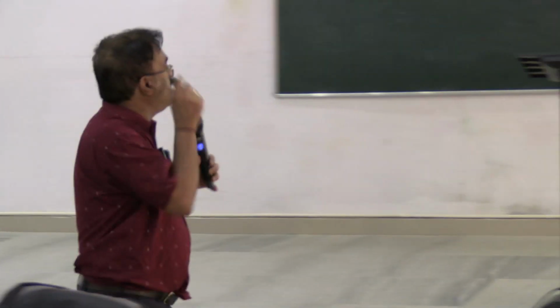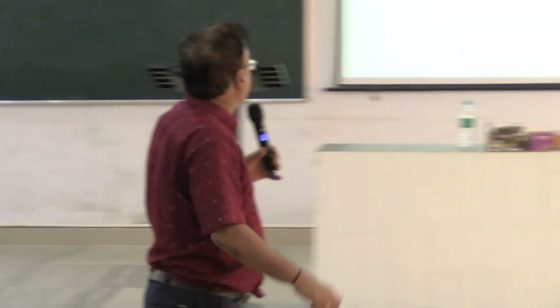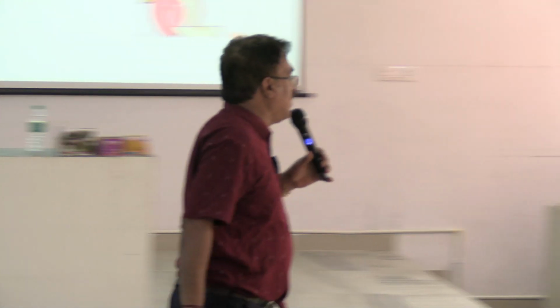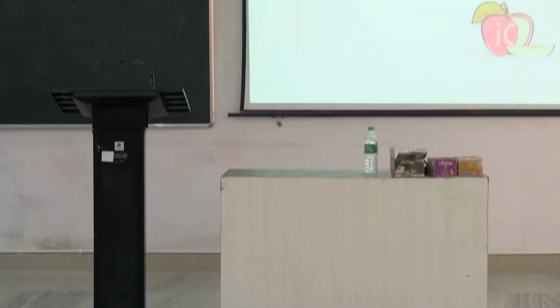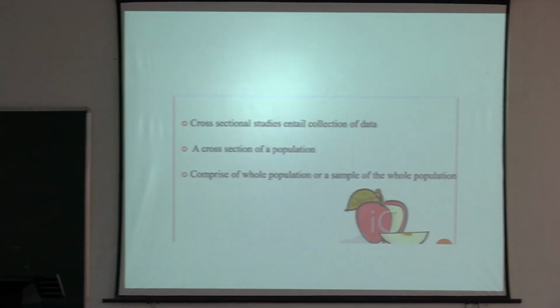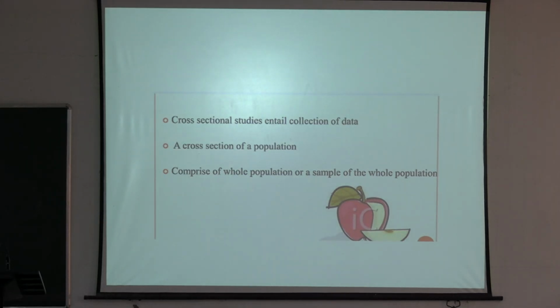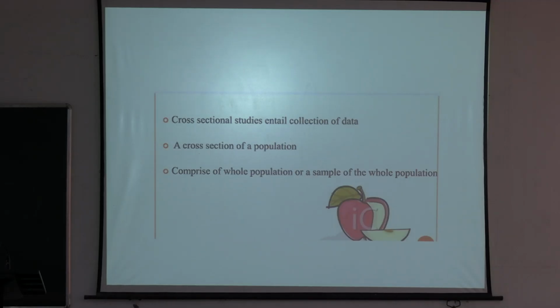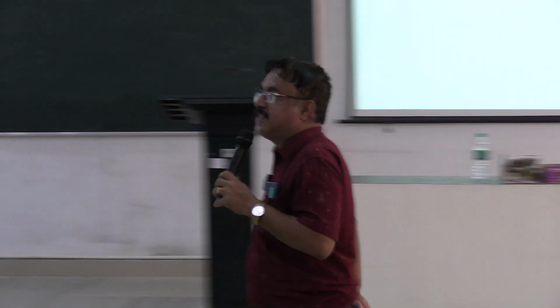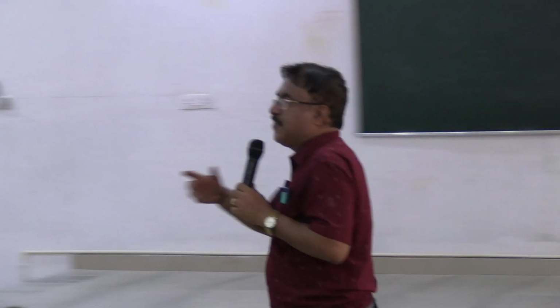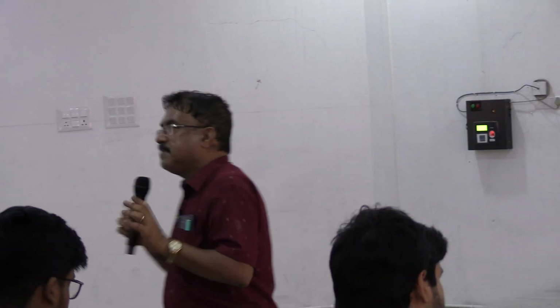So cross-section is a collection of data and comprises a sample or a whole sample of the population. Okay. Now, here's the problem. A cross-section of the population. You cannot take the whole population. Say, for example, I want to do a study of students in medical college. Study on, say, the internet use among medical students. Medical students in Santiniketan Medical College.